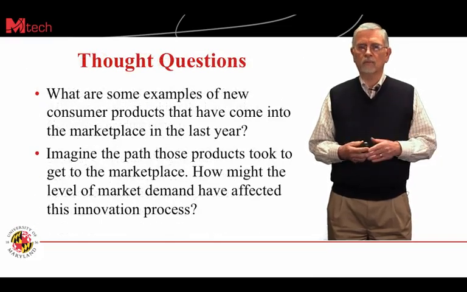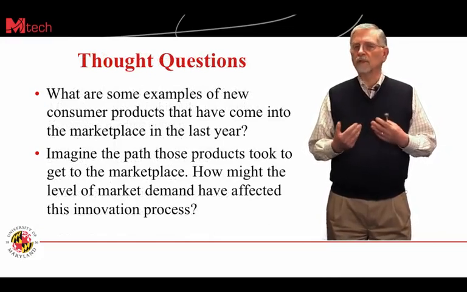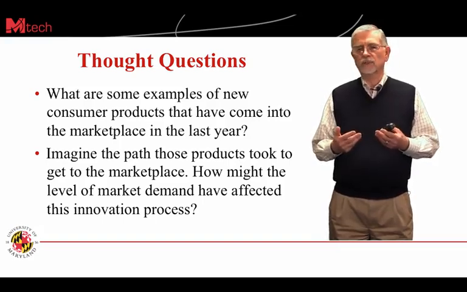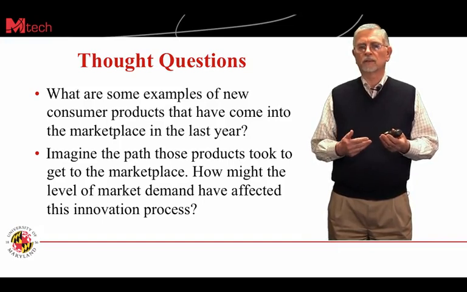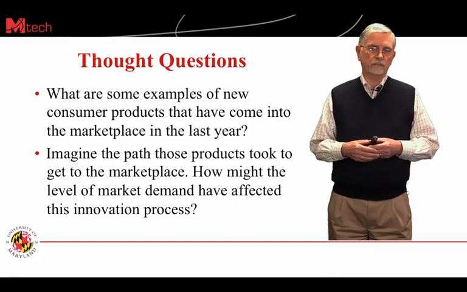So let's think about ways in which that might reveal itself to you as a customer. Think about some examples of new product development that have come into the marketplace in the last year.